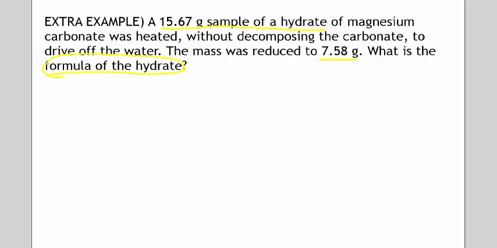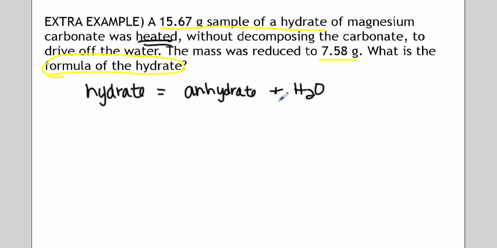What we need to see is that when you heat a hydrate, you drive the water off and you're just left with the anhydrate. So the hydrate is equal to the anhydrate plus the water.